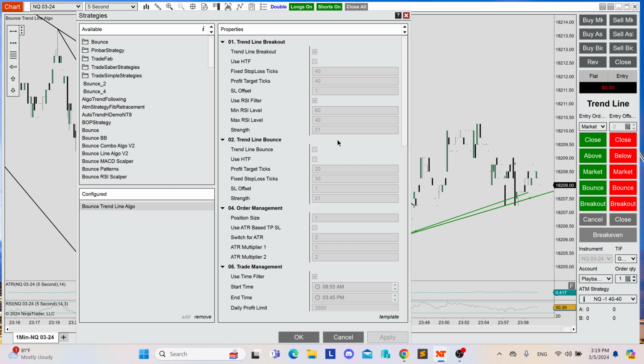Strength of a trend line is 21, and this time I deselected HTF. So we're only doing trend lines with the RSI filter, and the time frame is between 9 a.m. basically and 3:45.